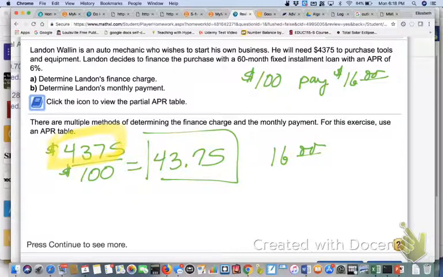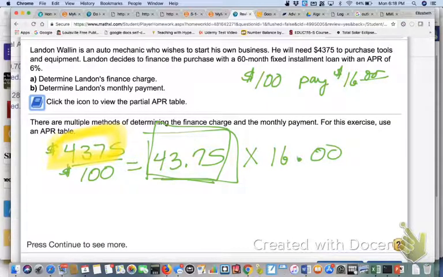So to figure out how much money he's actually going to have to pay back at the end of the day, like just what the interest is, okay? We're not talking about the actual money we've paid back yet. So if he is borrowing 43.75 sets of $16, if you think about it that way, if you take the money he borrowed, divide it by 100, that's 43.75.